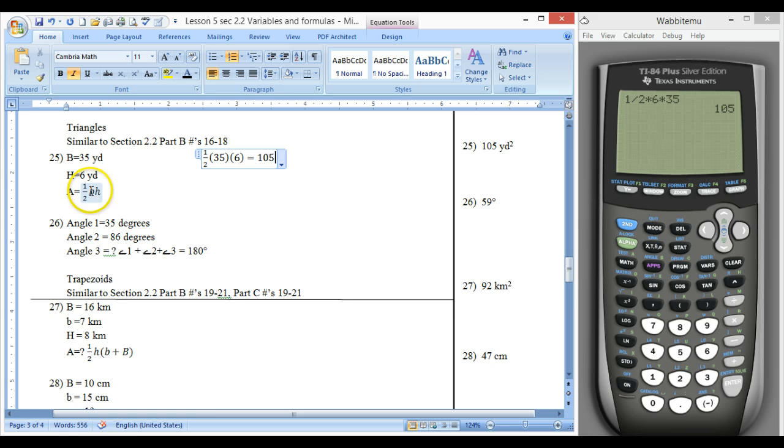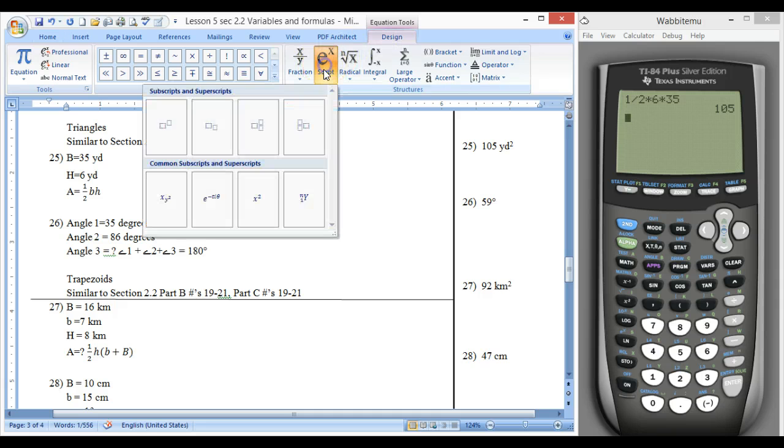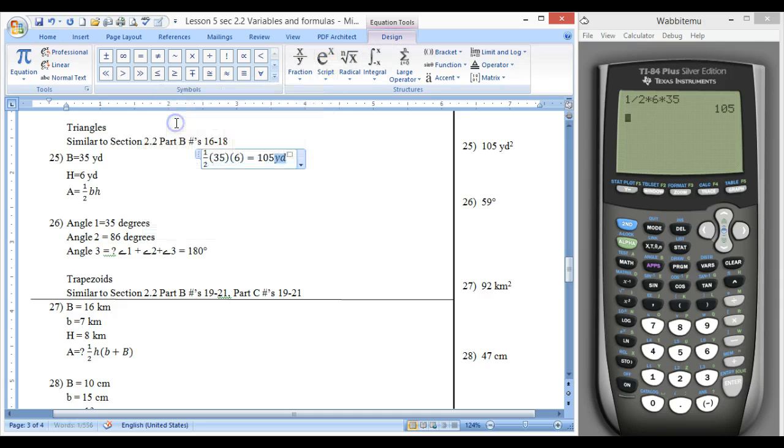Let's look at my formula. Base times height. The base was in yards, and I'm multiplying by the height, which is also yards. That's yards times yards, which is yards squared. And I'm in an equation here, so I can't do my superscript. I'm going to come up to the design tab, choose script, and pick the superscript.